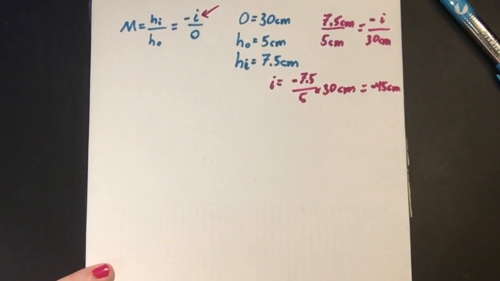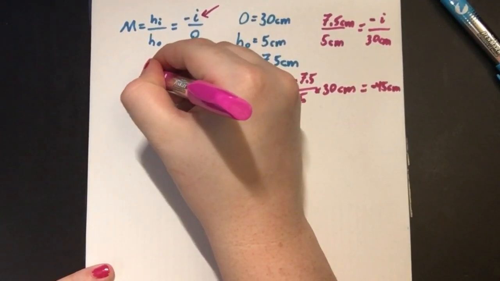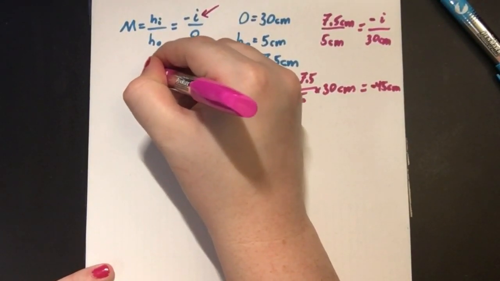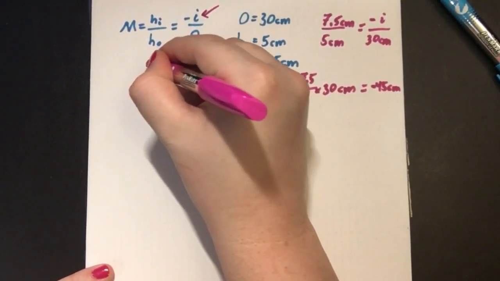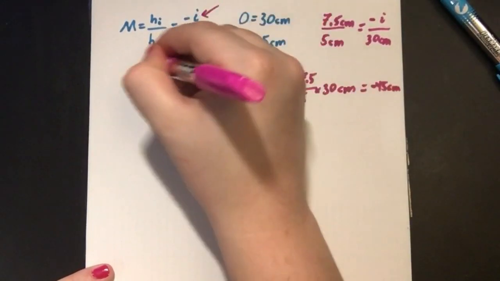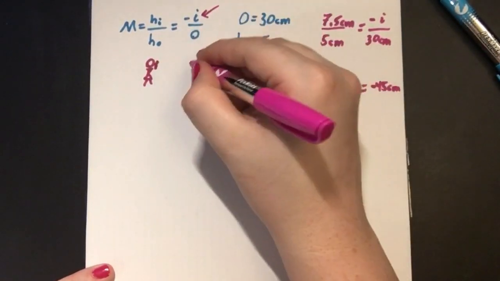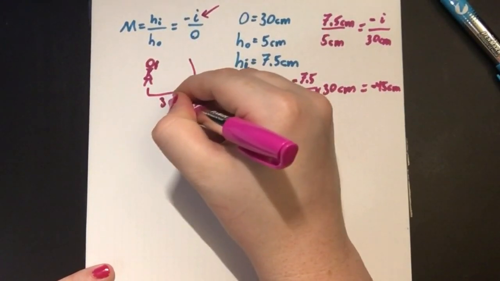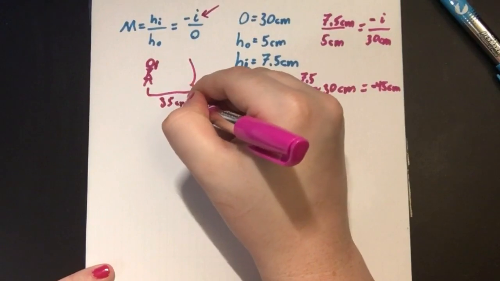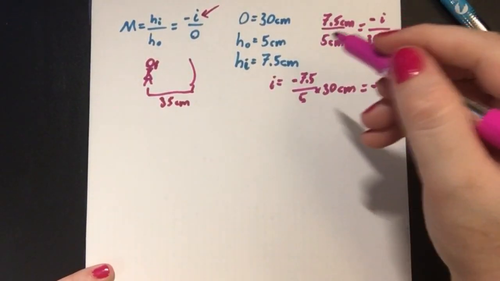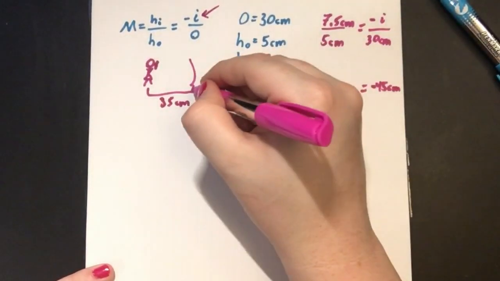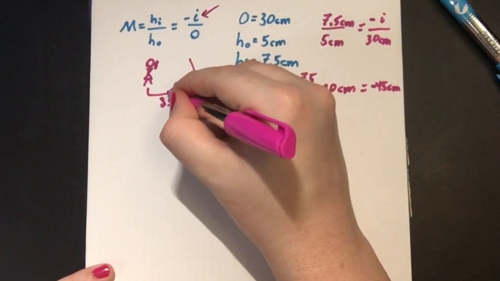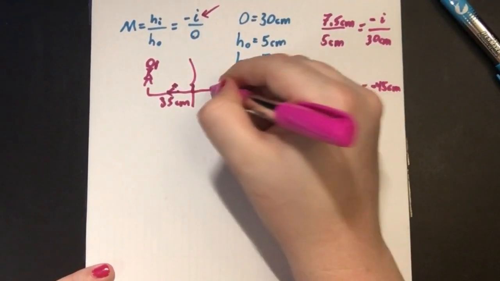So what that's saying is, if this is Lucy, and she's standing here holding a candle, there's my little candle, and here's our mirror. If she's 30 centimeters away, then this being negative 45, since we're measuring this side to be positive, this side is negative.